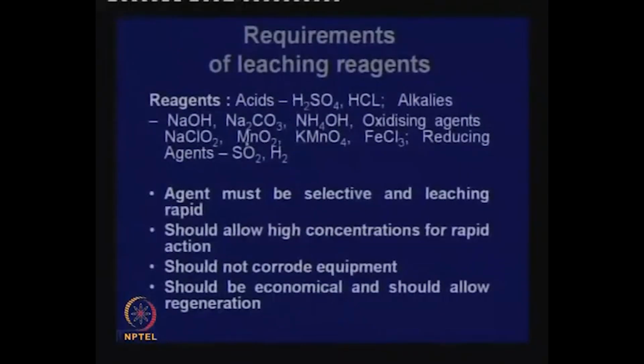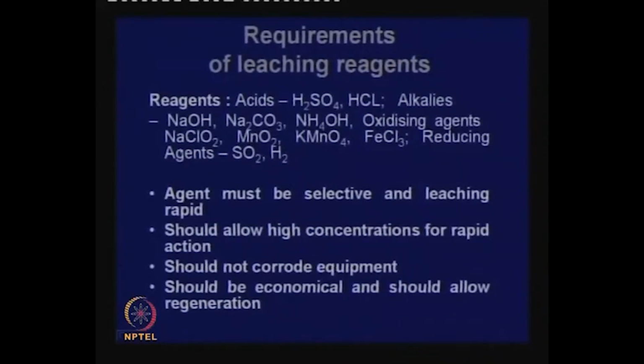So, the whole idea is the agent must be selective, leaching must be rapid, and should allow high concentration for rapid action. The leaching reagent should not corrode equipment, it should be economical and should allow regeneration. Now, there are a whole range of things used in leaching. Sulfuric acid is very common, and acids are stronger reagents, they dissolve things faster to a greater extent, but there is also the danger of dissolving all kinds of things we do not want to dissolve.